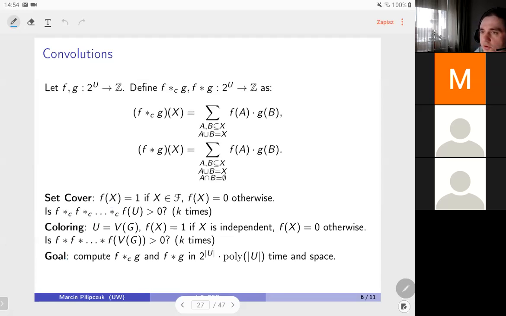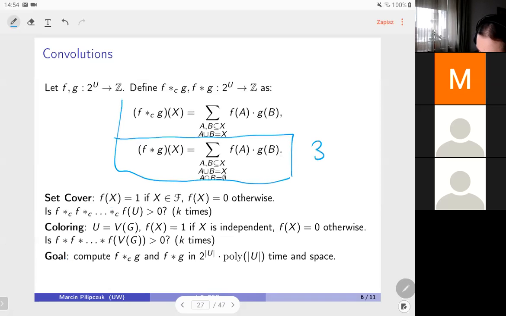What we really want is to compute this cover product and this product within 2 to the n time. If you do it straight from the definition, the running time bound will be 3 to the n. If you have the full truth table of f and g and want to compute the truth table of f star g, then for every set x and for every partition you make some computation, so these are really 3 to the n operations.